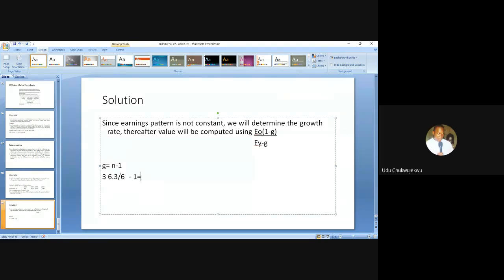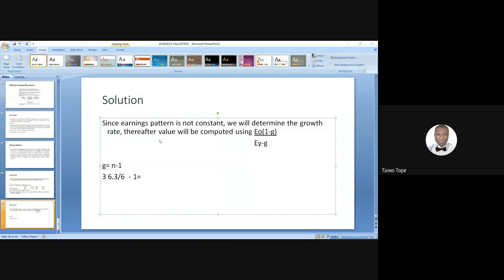Please refresh this formula. I'm looking for it in my notes and I can't find it. When we started cost of capital, sir, if you check your book, you see it.